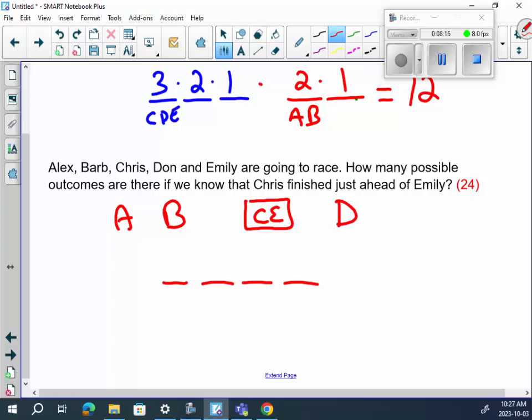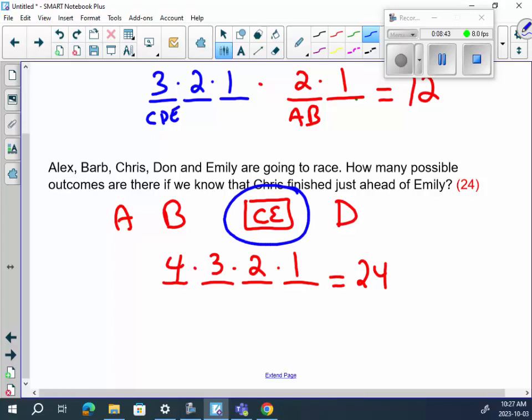There's a Barb out there. There's a Chris-Emily, and there's a Dawn. So now there are 4 possible first positions. It can be any one of these 4 items, the CE traveling as if it's just one. Once one of those is used up, there are 3, 2, and 1. And so 24 different possibilities there.